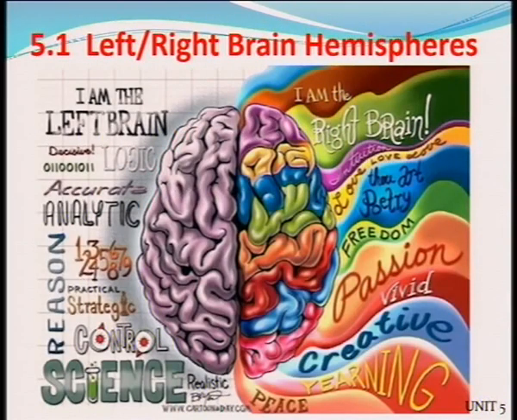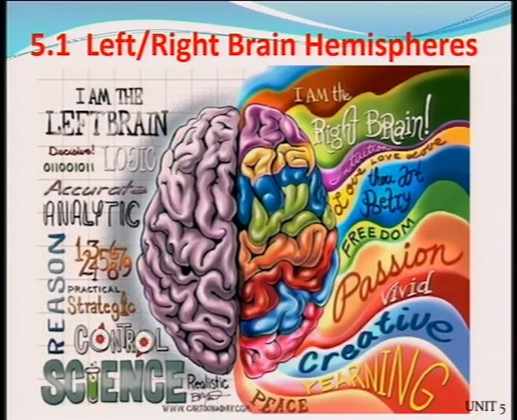Okay, here we have a graphic representation of the left and right brain hemispheres. I think it's very well done, as it gives us an idea of how these two brain hemispheres can differ. You will see on the left-hand side, it's more the analytic brain, the one that's better with reasoning and logic.